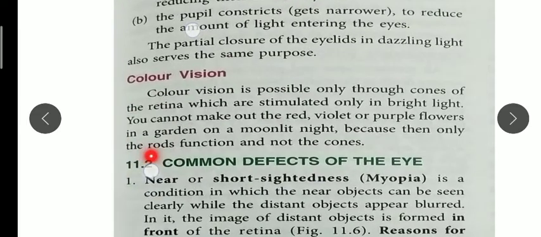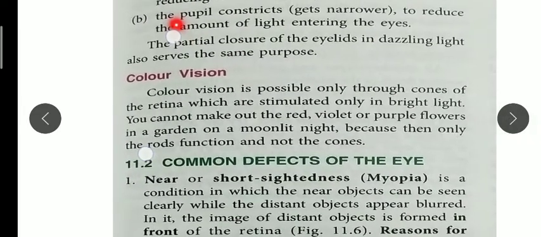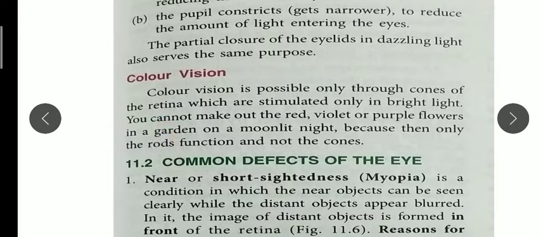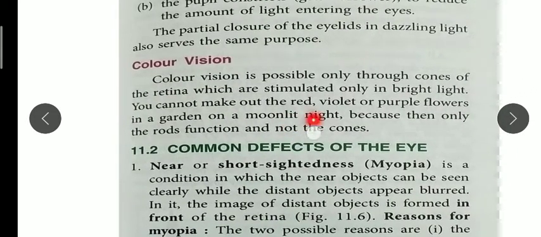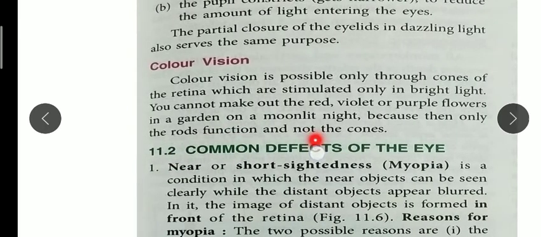Now color vision: we can see the colors because of the cone cells which are present on the retina and which are stimulated only in bright light. Even in the moonlight, we are unable to see the correct color of red, violet, purple flowers, because in the moonlight only rod cells are functioning, not the cone cells.